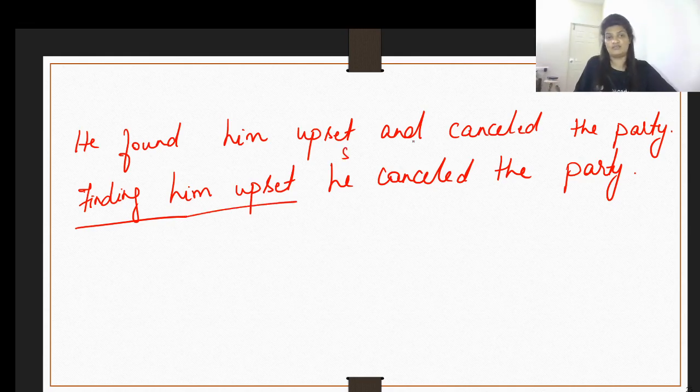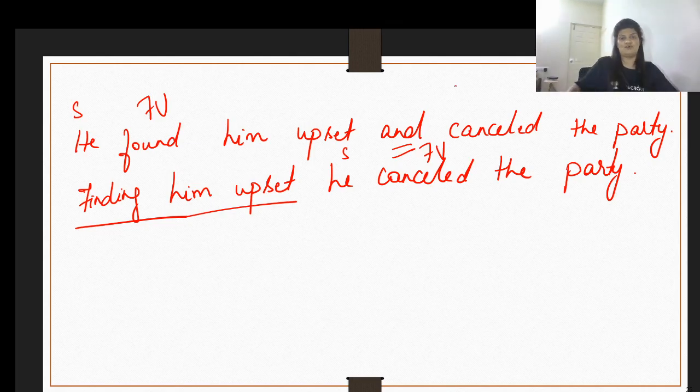So there you have your subject and your finite verb. But here you had your subject, finite verb, and then, like I told you in coordinating conjunction, in your compound sentences, you can also eliminate the subject if the same person is your subject and your verb. So you have eliminated that, but then it is only understood that it's the same person. He found him upset and he cancelled the party.